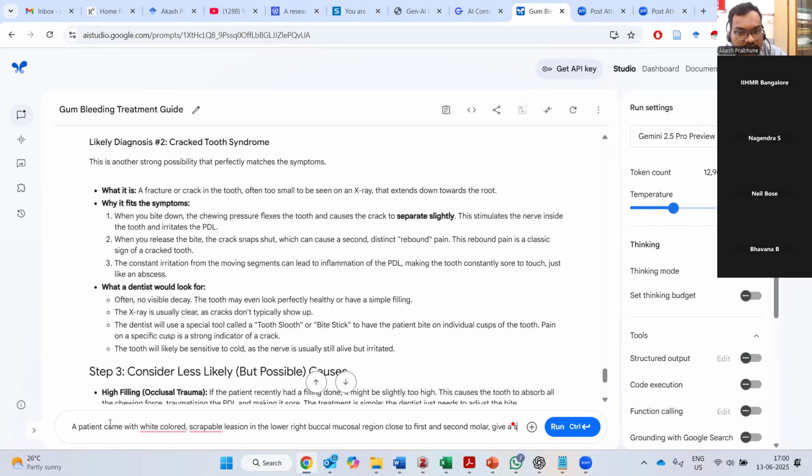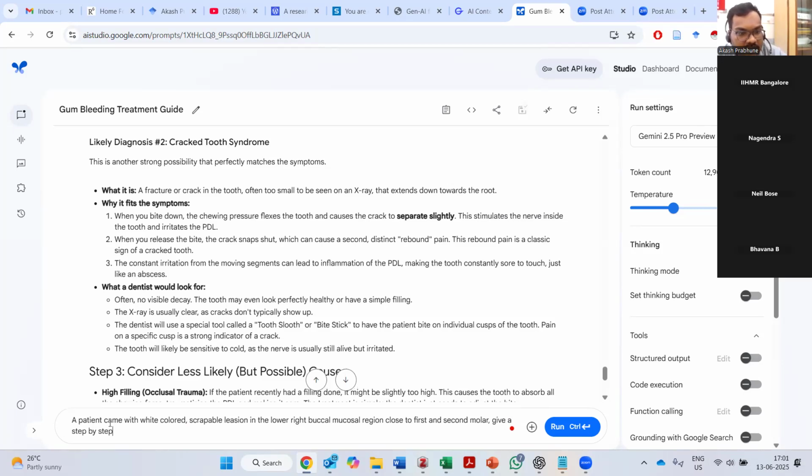Give a step by step explanation for the provisional diagnosis.